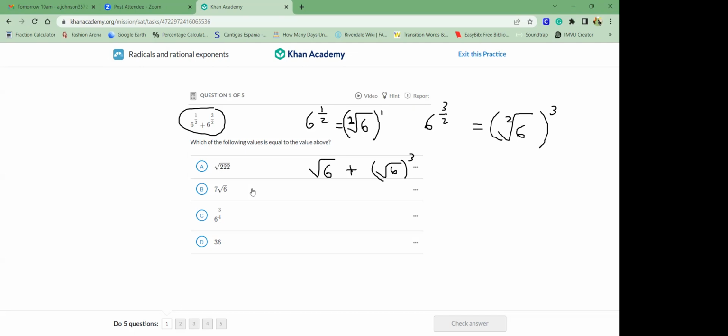So what could we do? One and a half. This is 1.5, right? 3/2 is 1.5, and this is half, right? 1.5 plus half is 2, but that's not right. Actually, this one is going to be, it wouldn't be 36 because it's addition, not multiplication. Try C.